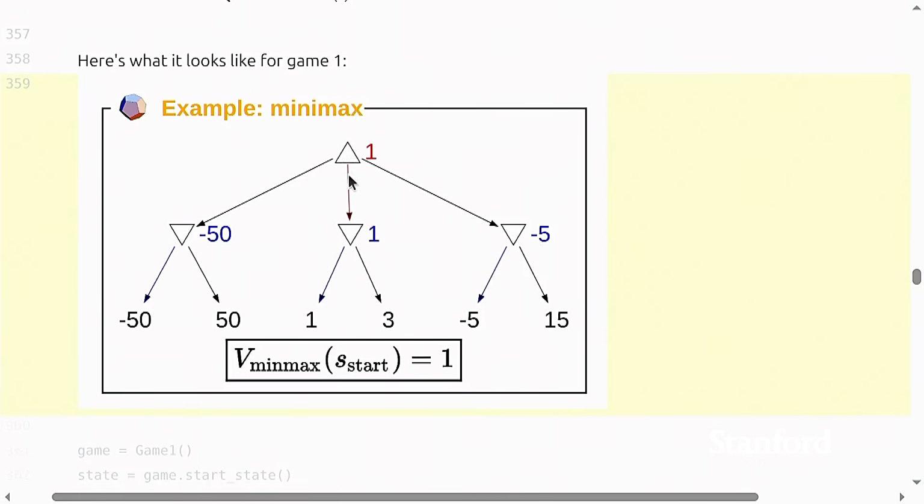Then the agent is going to choose the max over these min values, and the max is 1. So for those of you who chose B initially, you're probably running minimax in your head. And those of you who chose A, well, I don't have an explanation for that.